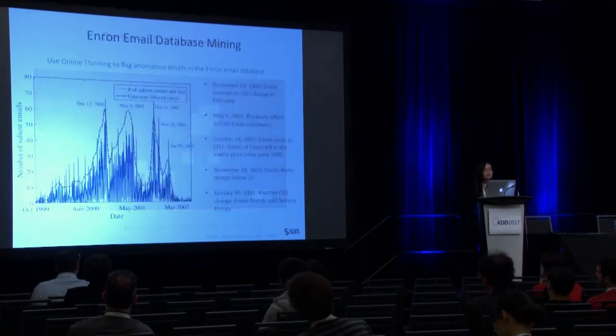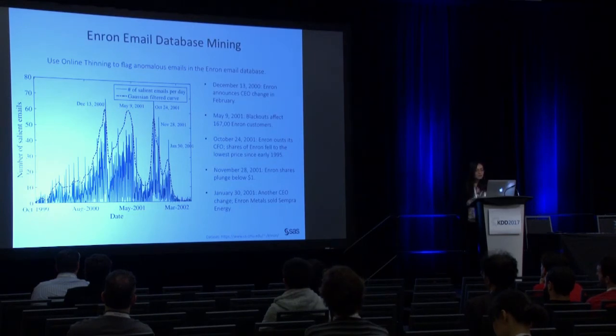But one last thing I wanted to mention is, although I've only talked about pretty much one application, the VAMI, this framework is pretty general, and we can use it for different kinds of applications. For example, this is the Enron email database mining. We applied our method to the email database.